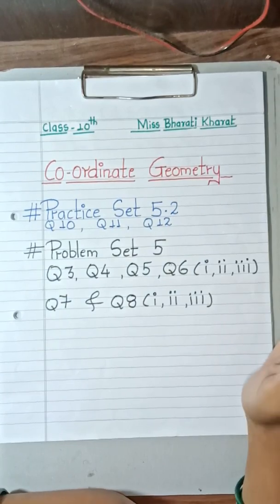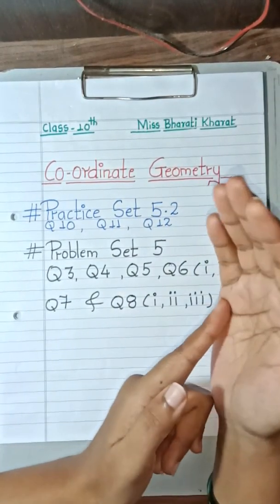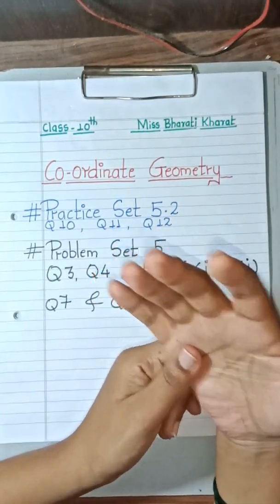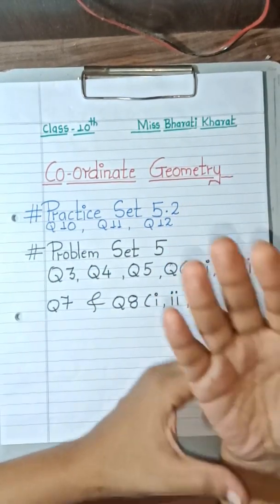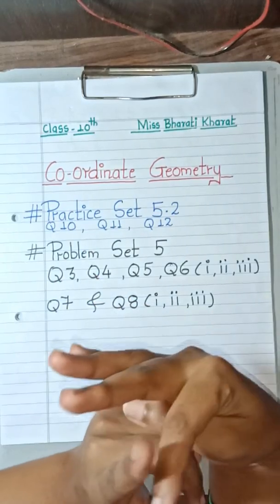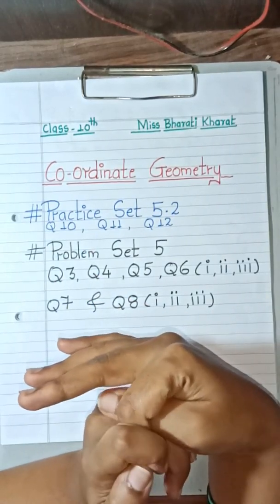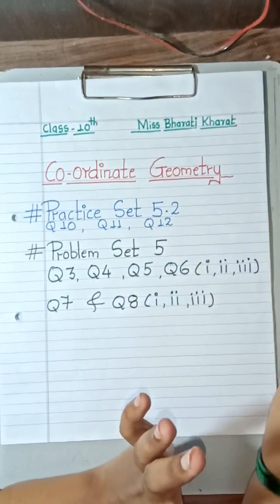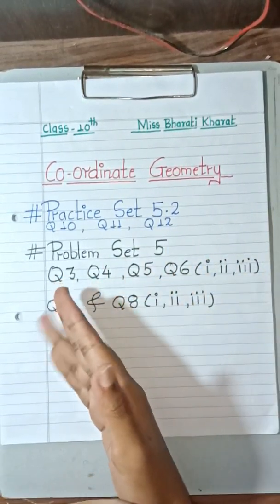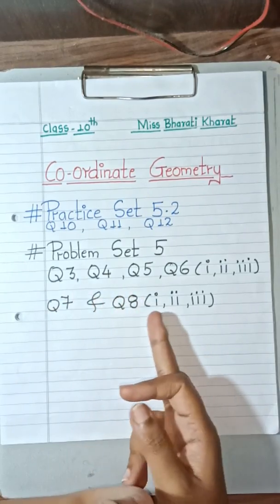In problem set 5, question number 1 is based on MCQ. It contains 4 MCQ, out of which the fourth is reduced from your syllabus, as well as question number 2. So we are going to start directly from question number 3 to question number 8.